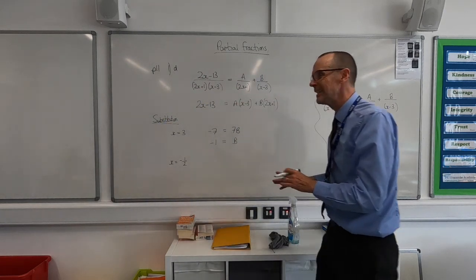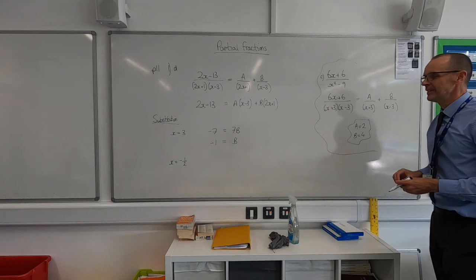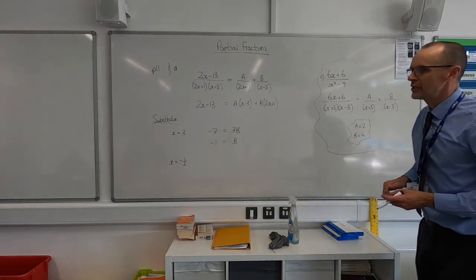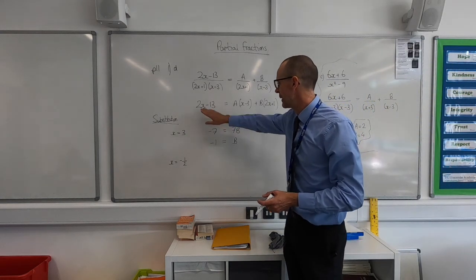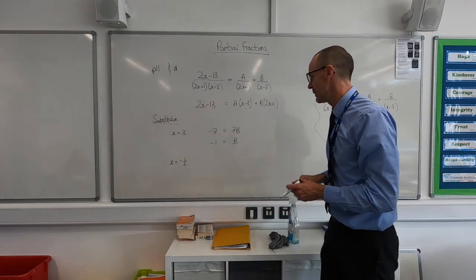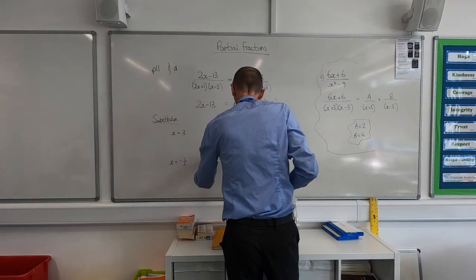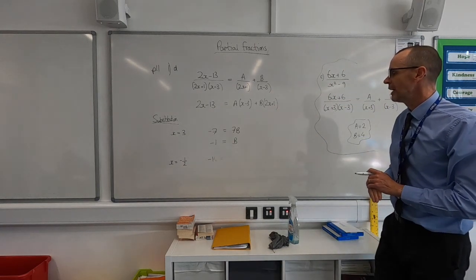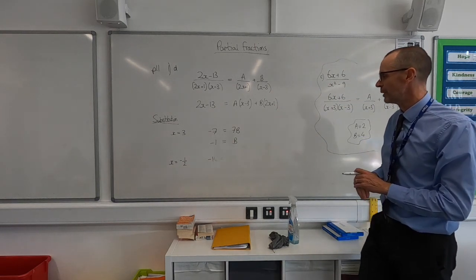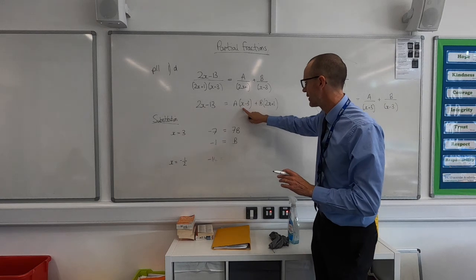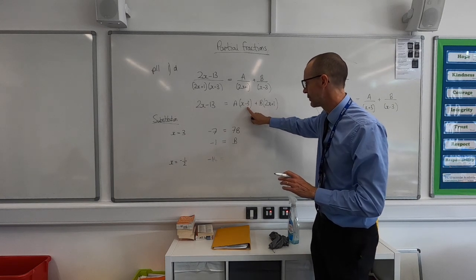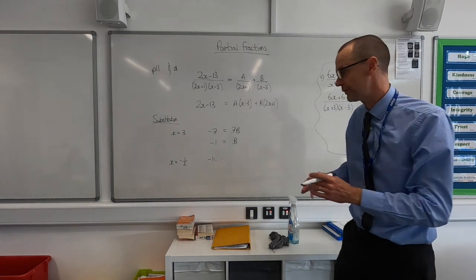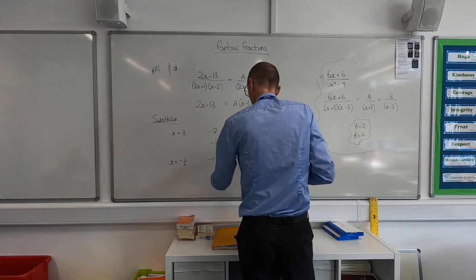Little bit more complicated maybe. So my left-hand side is going to become -1 minus 13, that's minus 14. That's going to disappear. And my right-hand side will become -1/2 minus 3, so that's minus 3.5.